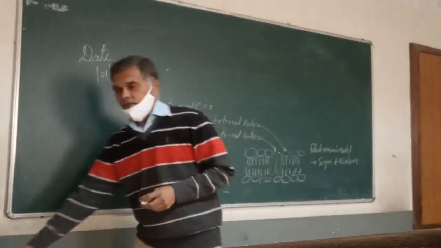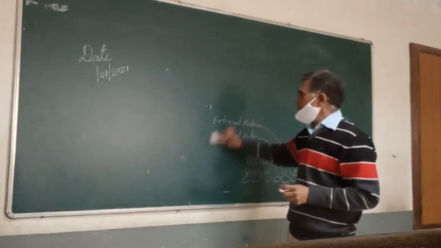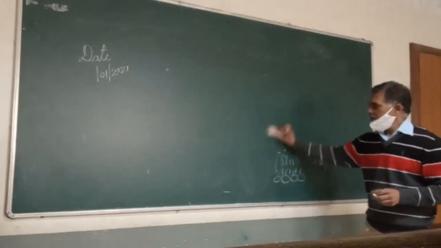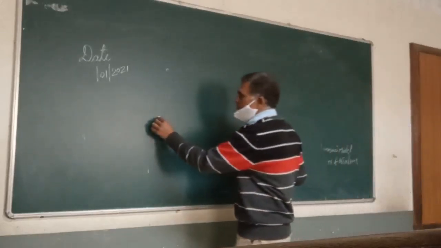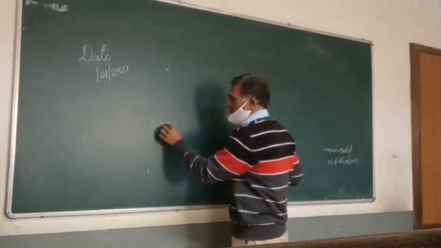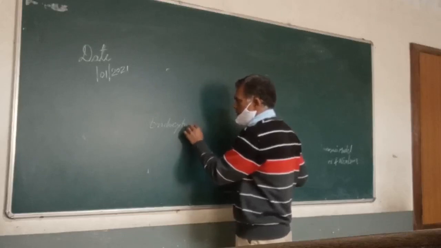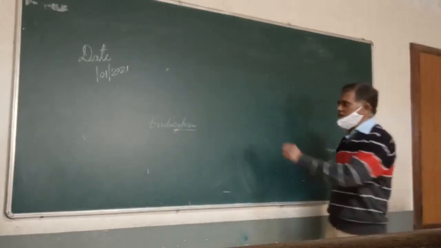In a unicellular organism just like amoeba, it also helps in the intake of food material and outtake of food material. Intake of food material is known as endocytosis. Whenever amoeba takes in food material, that process is known as endocytosis.